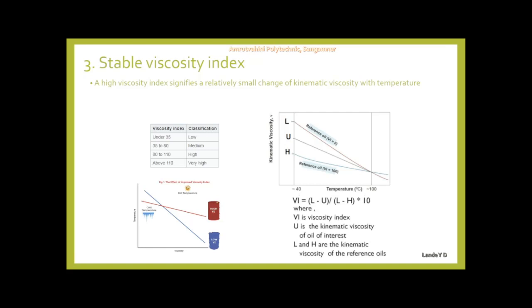The resulting value of stable VI is typically between 0 and 100, with higher values indicating a more stable viscosity index. Oils with stable VI values above 95 are considered to have excellent viscosity stability and are often preferred for use in high-temperature applications, such as automotive engines and industrial machinery.